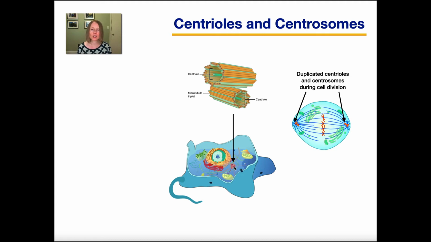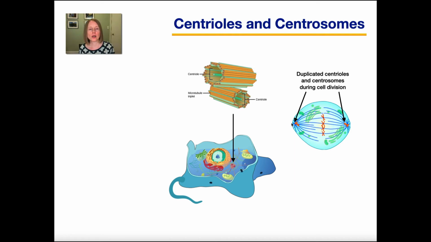So the centrioles are kind of like a microtubule organizing center. When a cell is about to divide, these centrioles duplicate. So in this picture, you can see 2 sets of these duplicated centrioles, and there are microtubules extending between them, and they help to pull chromosomes apart during the process of cell division.